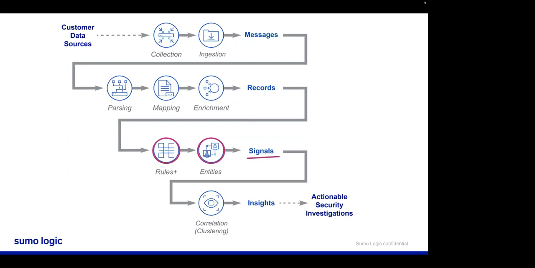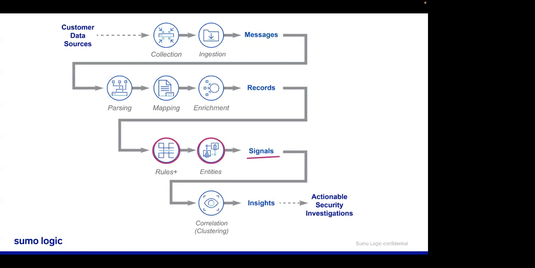If a record matches a rule, AKA there's something bad about this or something we want to investigate further, then we will extract out the entity. The entity is the host name. The entity is the IP address. The entity is the username, some sort of a who value. So we're going to take the rules, apply the rules against the records. If we have a match, we're going to extract out the entity, and we call that a signal.